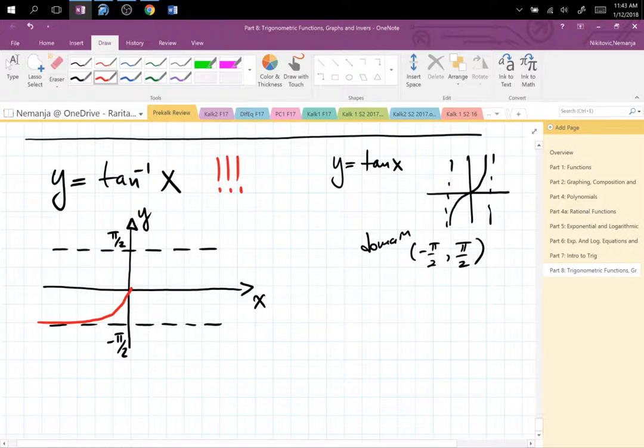It's a terrible looking inverse tangent graph, so let me... it's better. And that's inverse tangent.